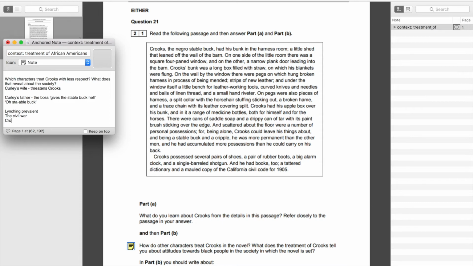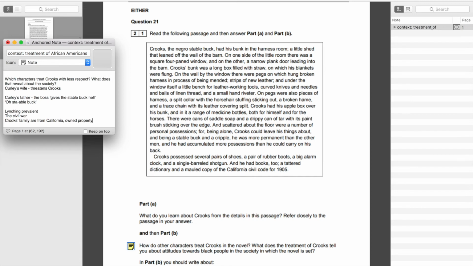Crooks' family are from California. They owned property. And so we have this idea that actually Crooks has come down in society, and that a black family in America could have property and could be treated better even than the people who were the migrant workers at the time.